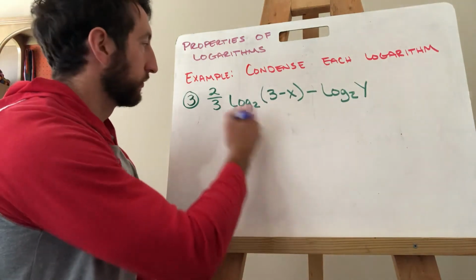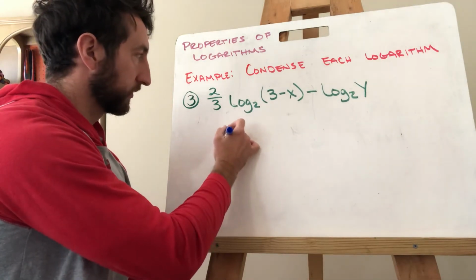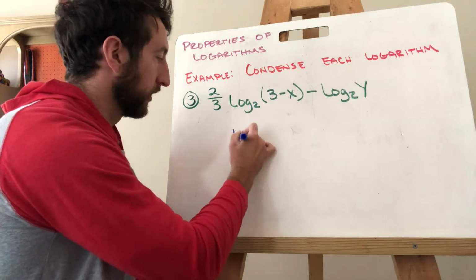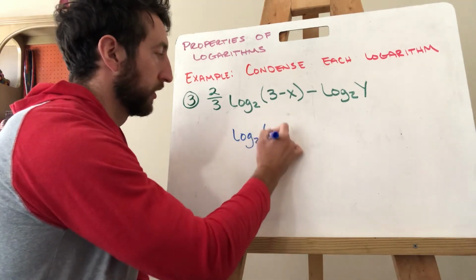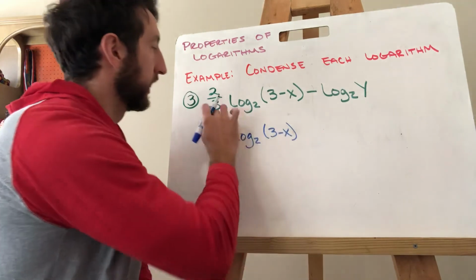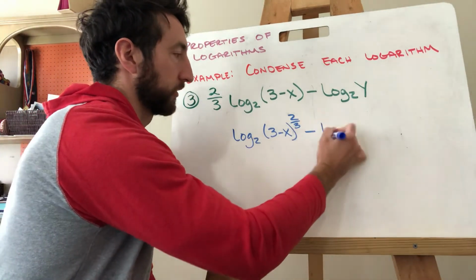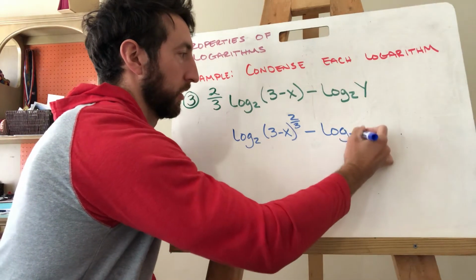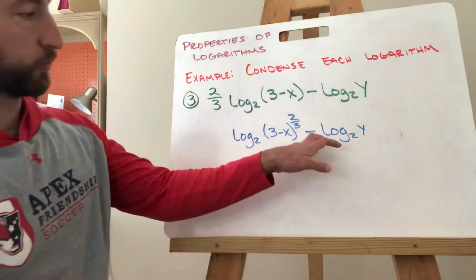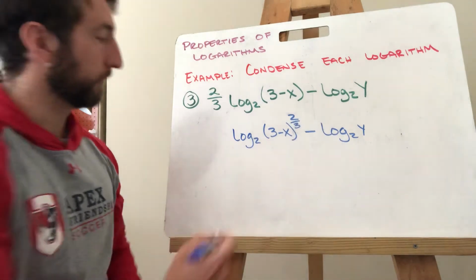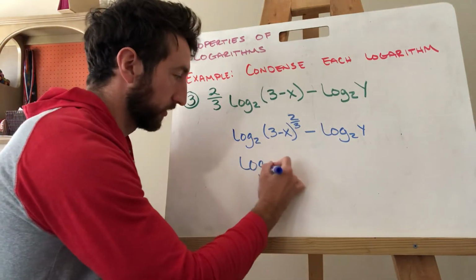All right, so the first thing we're going to do is rewrite this as log base 2 of 3 minus x, and I'm just going to move that 2/3 to our exponent. And then minus log base 2 of y. So we've got this subtraction. I'm going to make it division, so make it one logarithm.